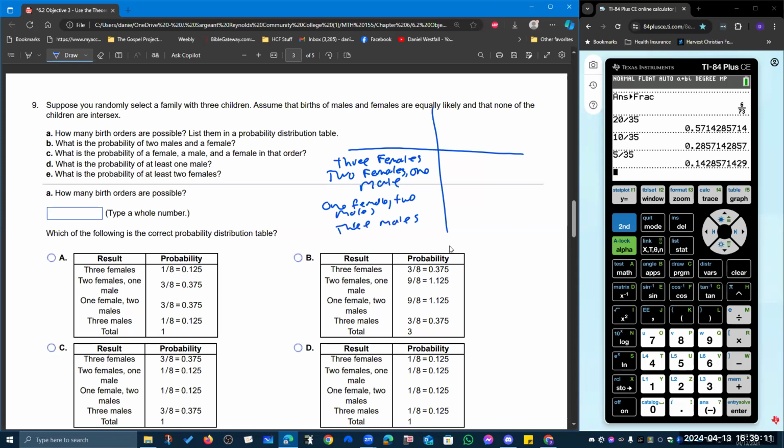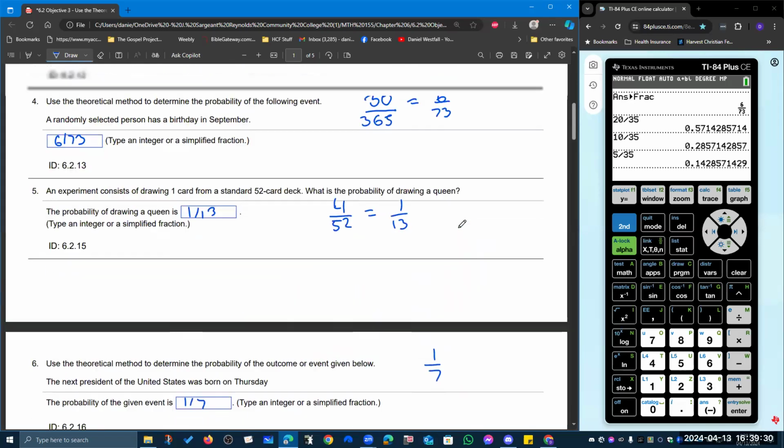And if we go back and look at our list that we made up here, there was 1 out of 8 ways to get 3 females and 1 out of 8 ways to get 3 males. That leaves us 6 ways to get 2 females, 1 male, and 1 female, 2 males. They're equally divided. I'll show you.